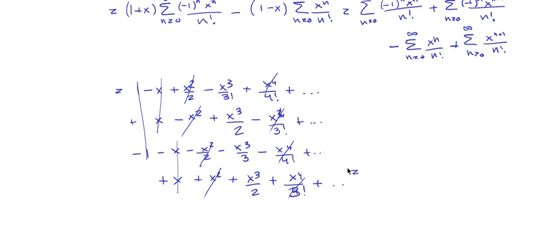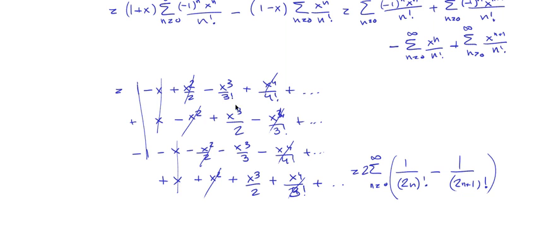You can see this, and then here what we have is the sum from n equals 0 to infinity of, what is this, x to the 2n plus 1 times, wait a minute, 1 over 2n factorial minus 1 over 2n plus 1 factorial, right?